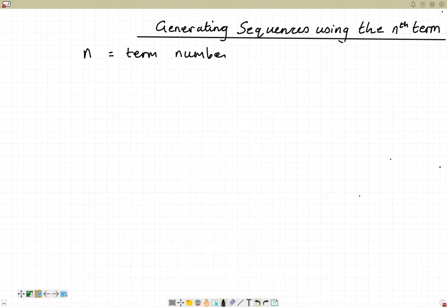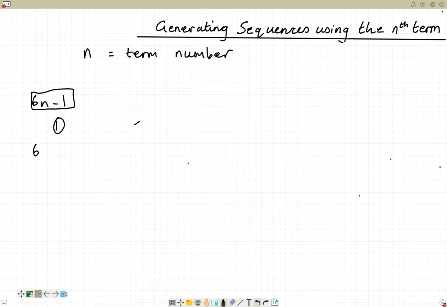Okay, so let's say I have an nth term, 6n minus 1. Now what I want to do with this nth term, I can generate a sequence with it. To get the first term, all I have to do is substitute 1 into this expression.